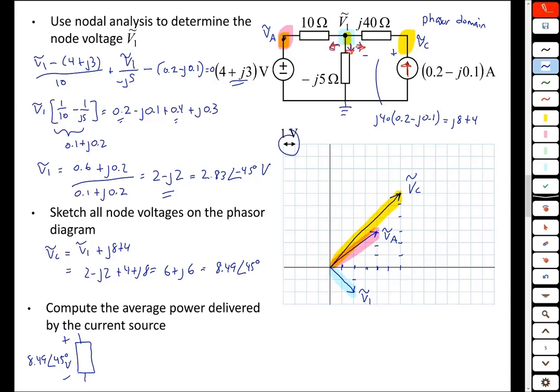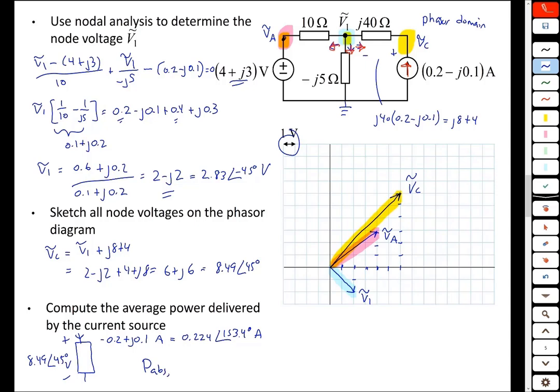The current through the current source, it's 0.2 minus j0.1 going up, so the current going down is the opposite of that, so it's minus 0.2 plus j0.1 amps, which in polar form is 0.224 at an angle of 153.4 degrees amps.